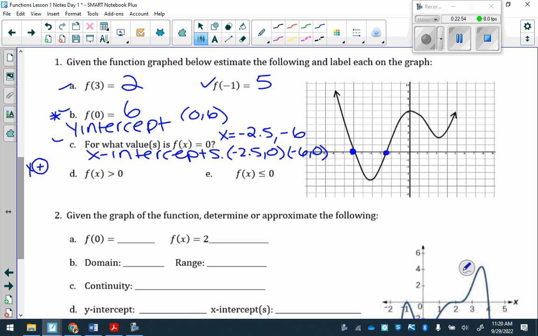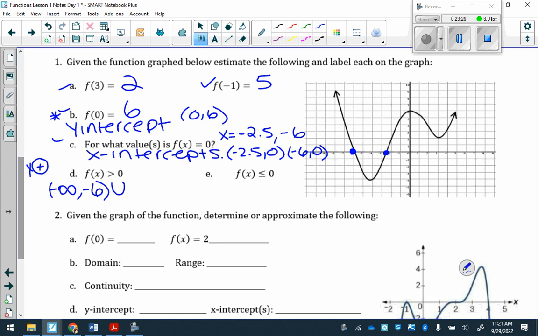Yeah. So we're going to write those as intervals. Since it says greater than, we're going to have parentheses for this one. So we have negative infinity to where? Negative 6. Good. So negative infinity to negative 6, because after we cross that x-axis, we become negative.